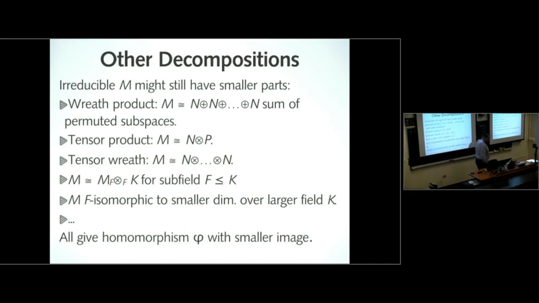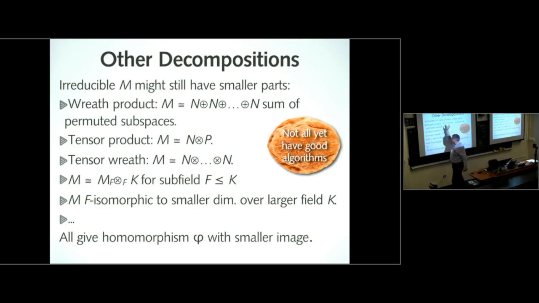There are various ways how one can find such geometric decompositions. I should say that not all of these have really good algorithms. There are good algorithms for meataxe submodules. There are good algorithms for these wreath products. The tensor product cases don't yet have algorithms which in practice work well, and really don't have a good theoretical solution.